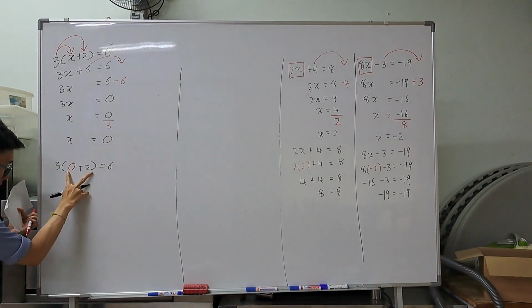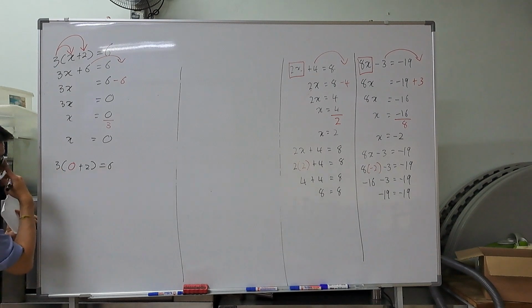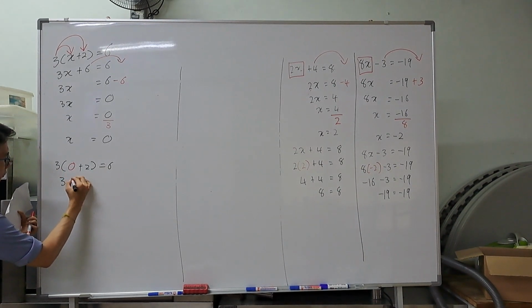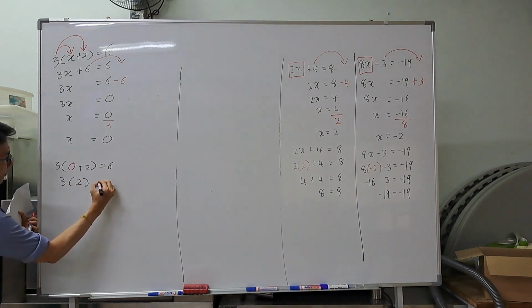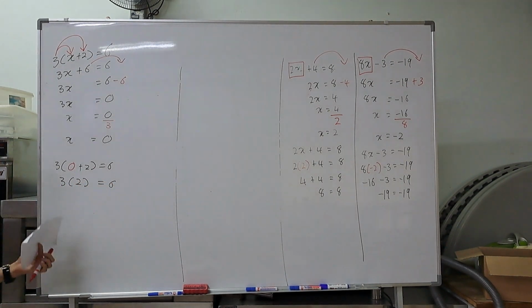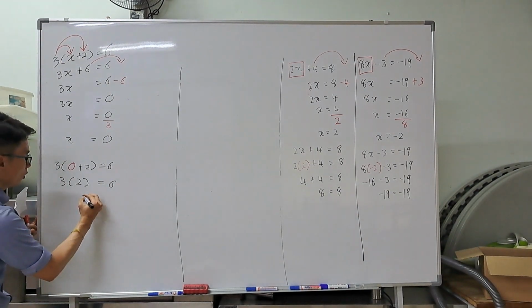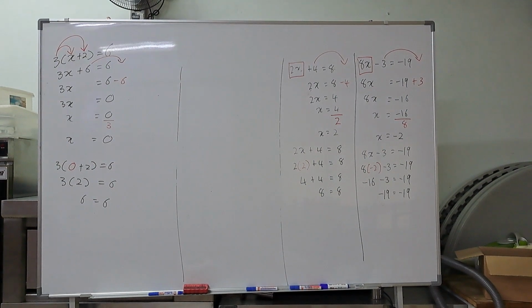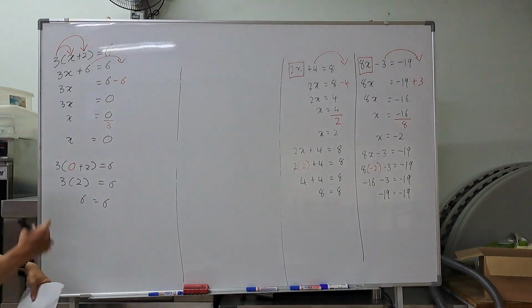But it is still inside the bracket. So I will get 3 and 2. Any number next to an alphabet means multiplication, so 3 times 2, you will get 6. So that's how you solve it, right? True enough, that's correct.